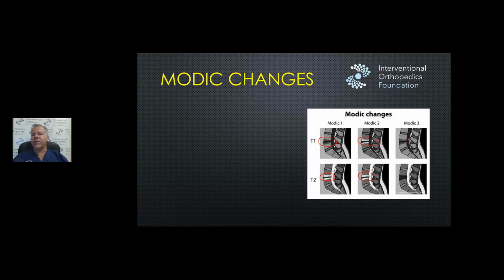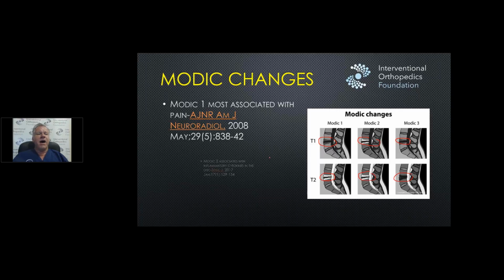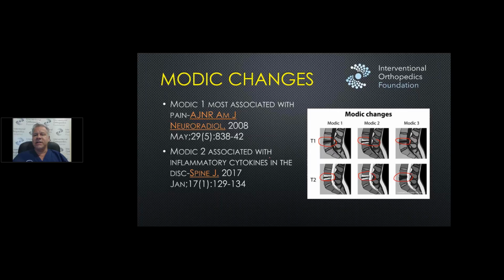And then Modic 3s, where you've got a dark signal on T1 and a darker signal on T2. Some things to note: Modic 1 is most associated with pain, and Modic 2 is associated with inflammatory cytokines in the disc. So again, Modic changes are these changes in the bone around the intervertebral disc.